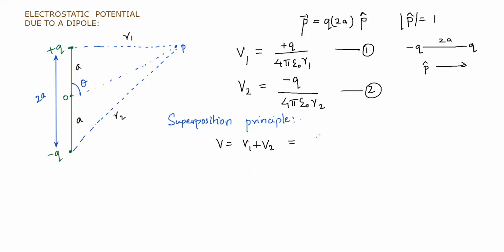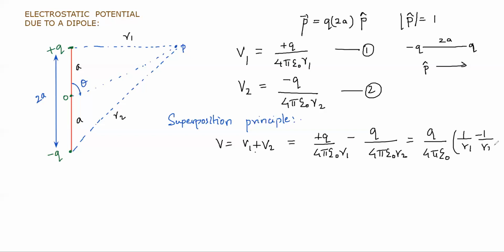It is plus Q by 4 pi epsilon naught R1 and minus Q divided by 4 pi epsilon naught R2. This minus comes from the second equation. I'm not putting an extra minus here, it's just an addition. Whatever is common, we can take outside: Q by 4 pi epsilon naught times (1 by R1 minus 1 by R2).